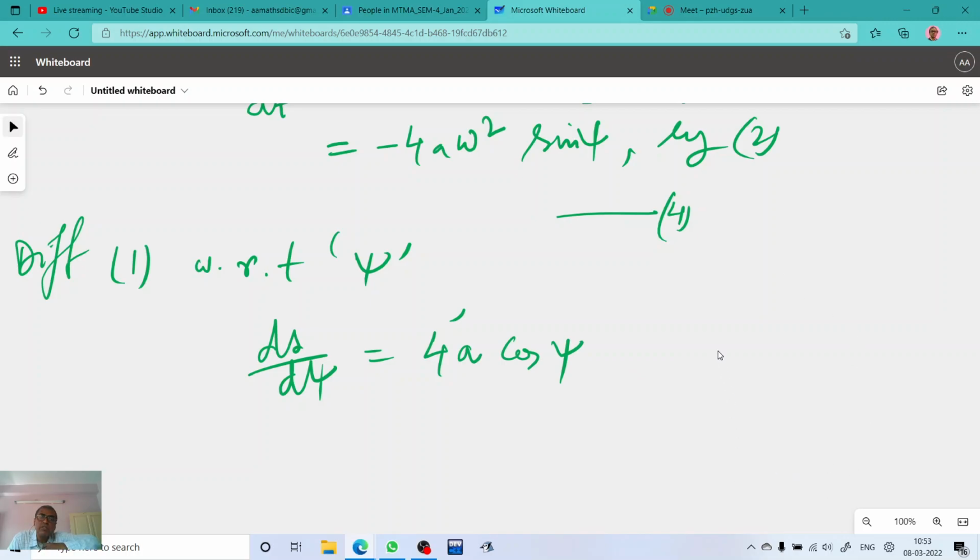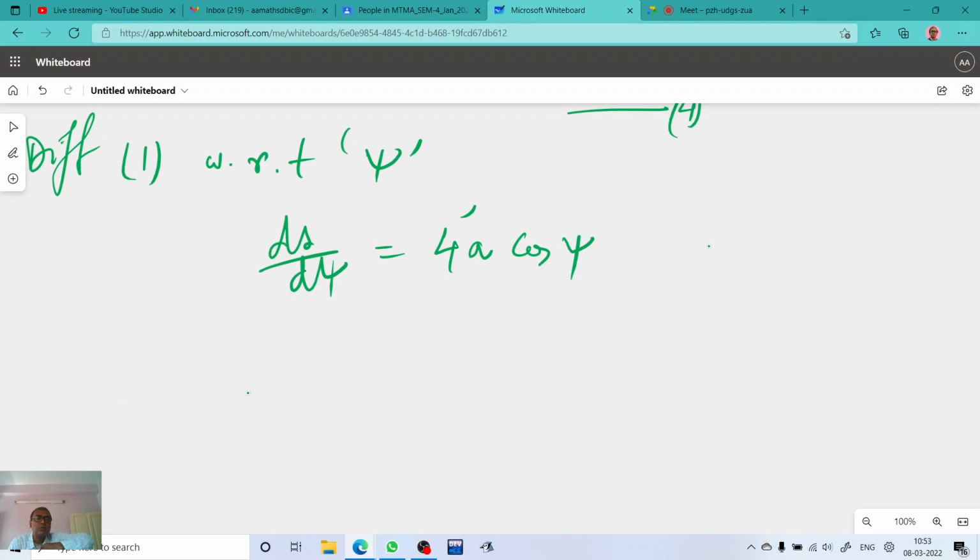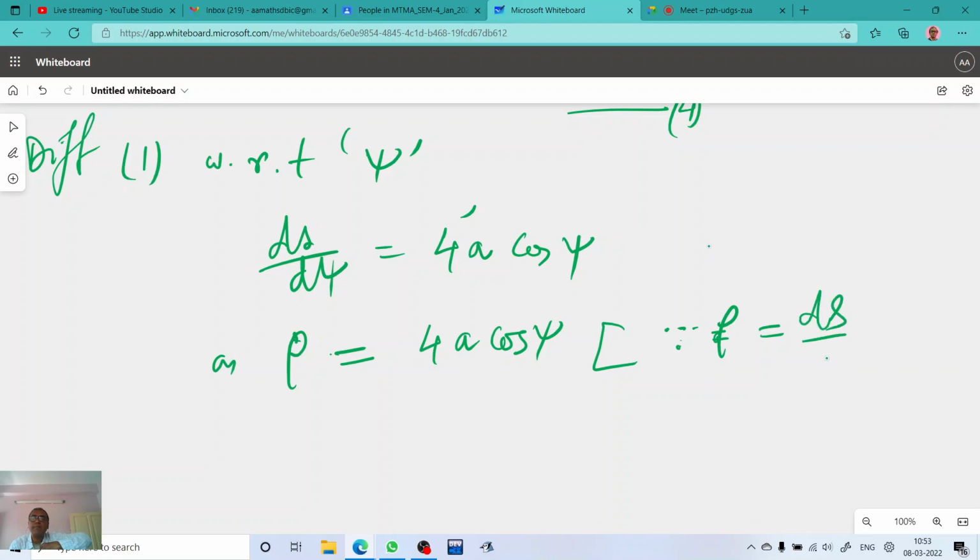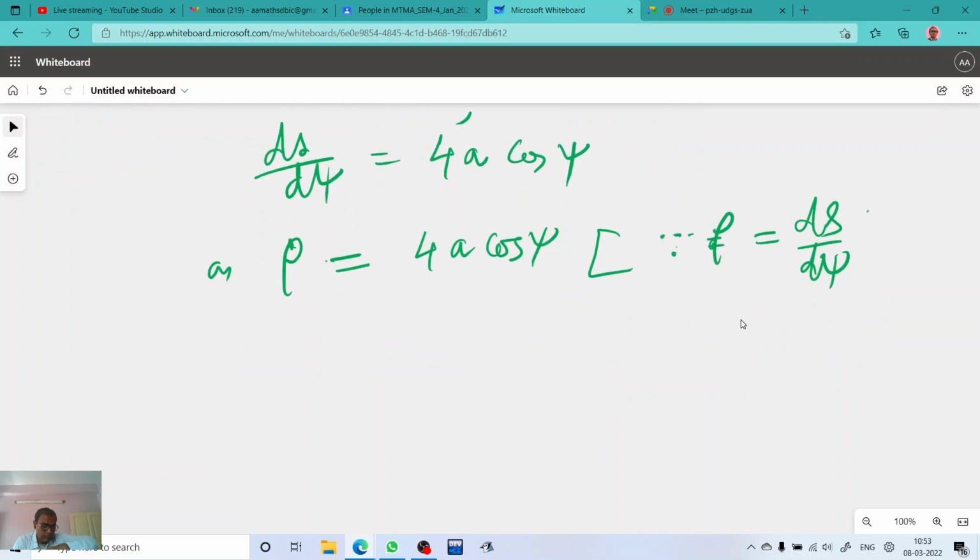Now ds d psi means rho, radius of curvature, so we can write rho equals to 4a cos psi. Since rho is the radius of curvature, rho equals to ds d psi. This is equation 5.